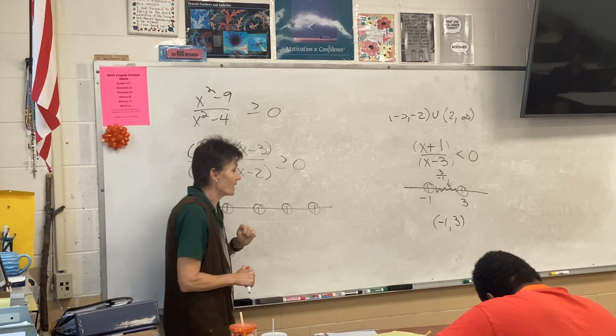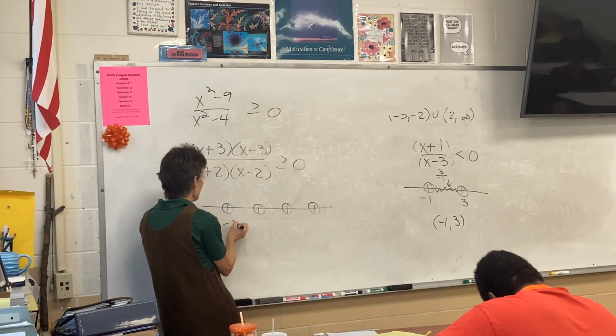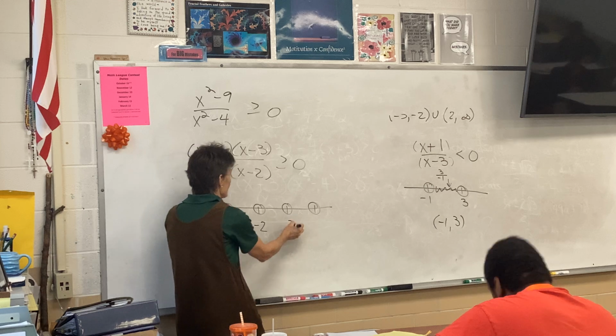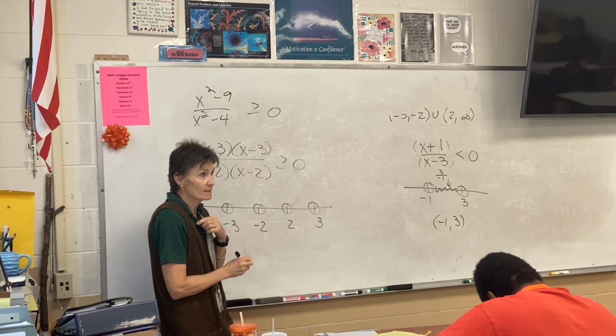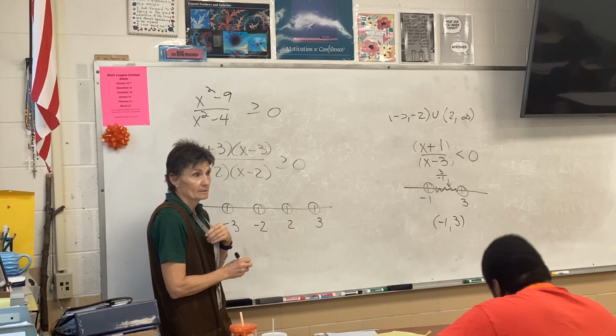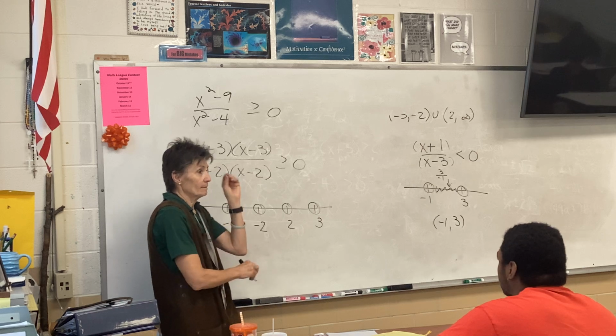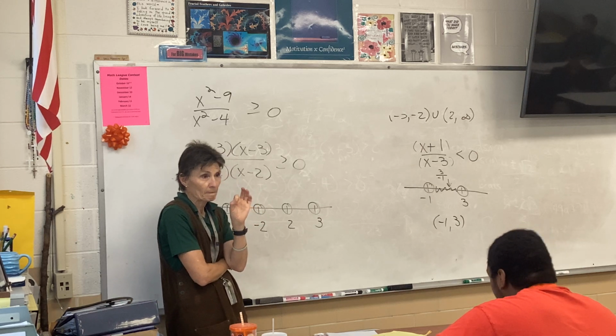So where will the dots be? -3, -2, 2, and 3. Gotta get them in order. This is a number line. Is that okay? All right, here comes the tricky piece.